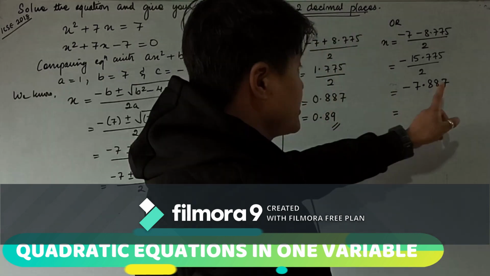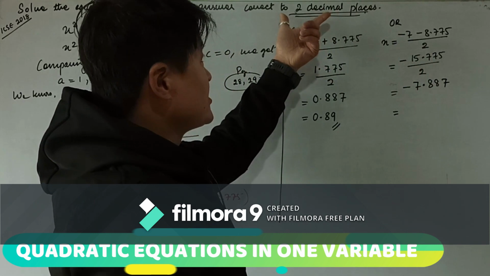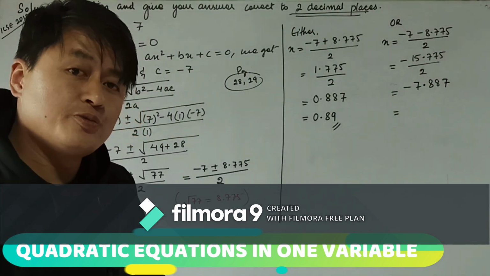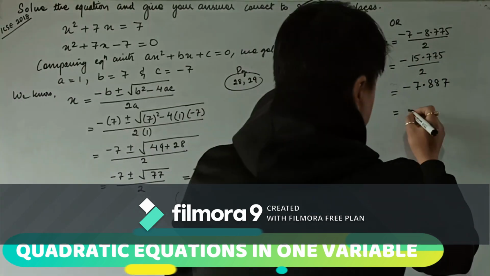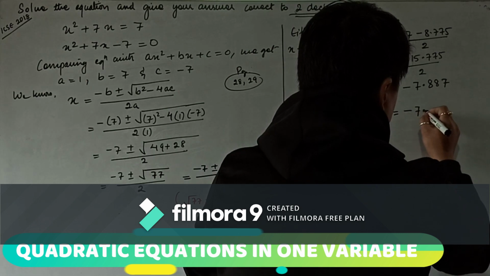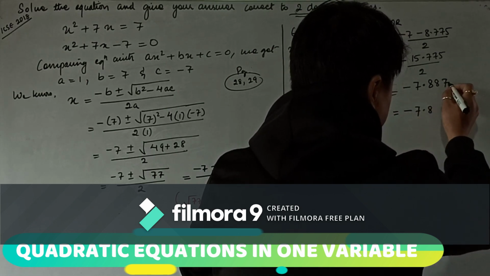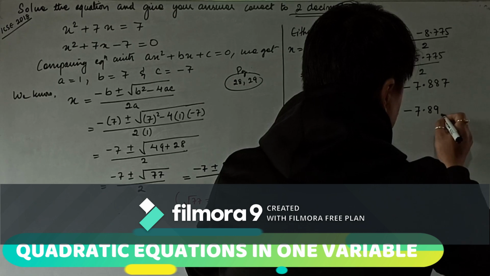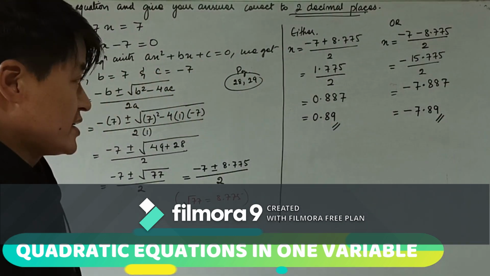We are doing only till the third number because we have to get the answer only two places after the decimal. This will be minus 7.88, this is greater than 5, so that means 9, minus 7.89.